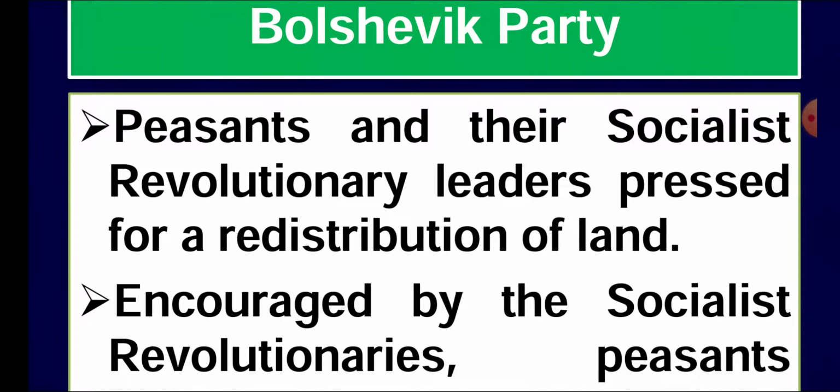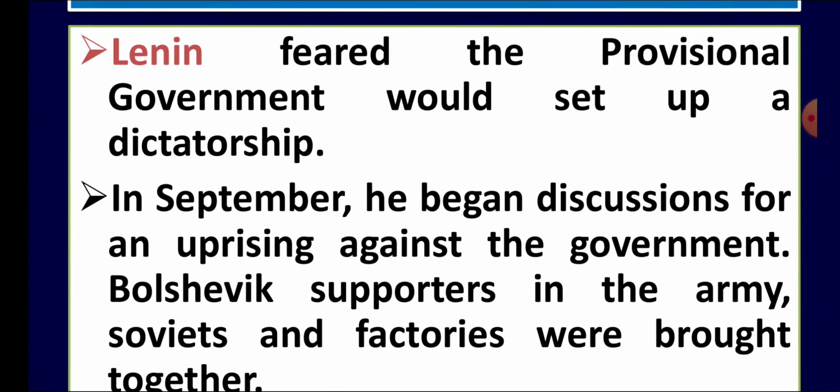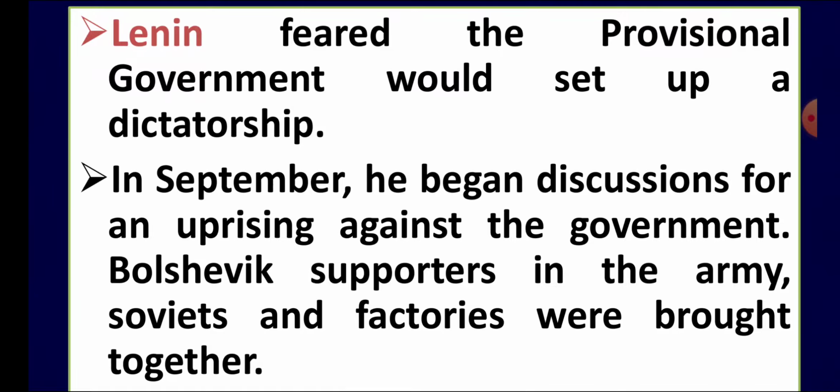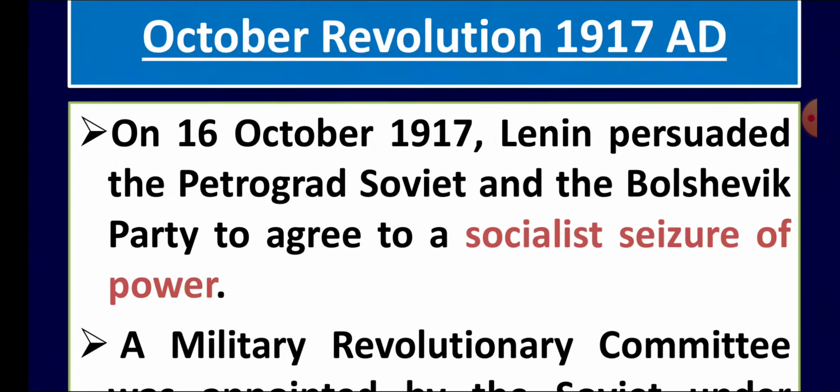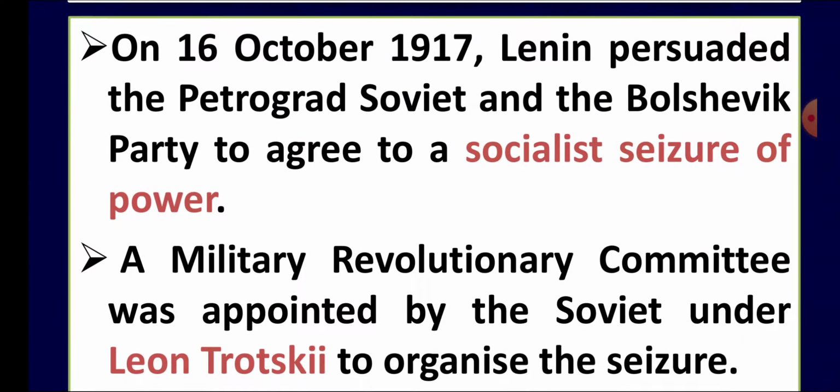Lenin was supported by the army and many other revolutionary committees. Here you can see that on 16th of October 1917, Lenin persuaded the Petrograd Soviet and the Bolshevik party to agree to a socialist seizure of power.